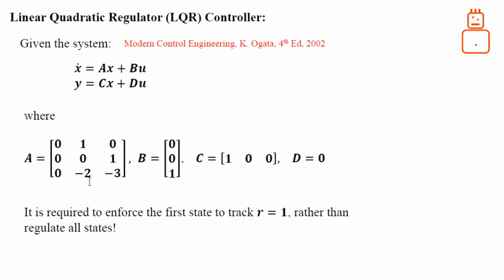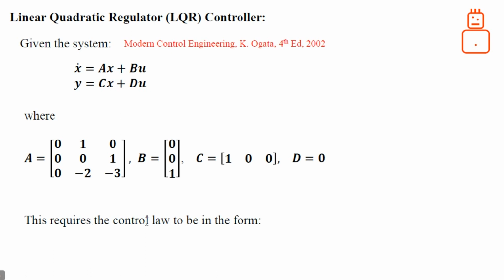Okay. To accomplish this requirement, the control law needs to be in the form shown here. So the first state is not regulated. It is wanted to track this reference r.